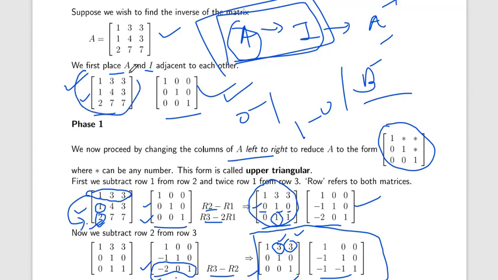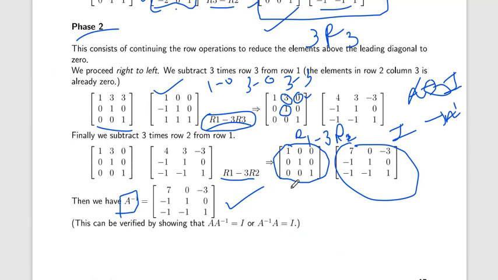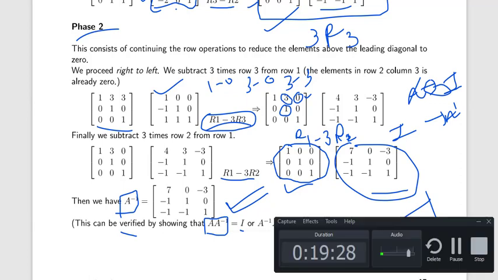If the same operations are applied to the second matrix, the first becomes the identity matrix, and the identity matrix becomes A inverse. So this is the inverse of the matrix. If we want to verify it, we multiply it with matrix A and we will get the identity matrix. You can also multiply to verify.